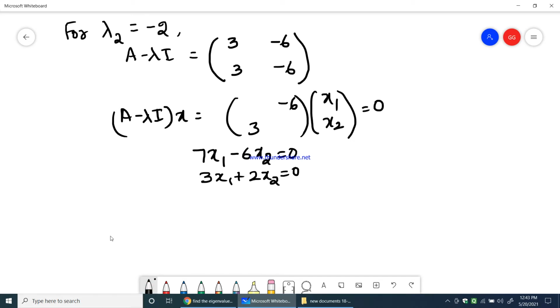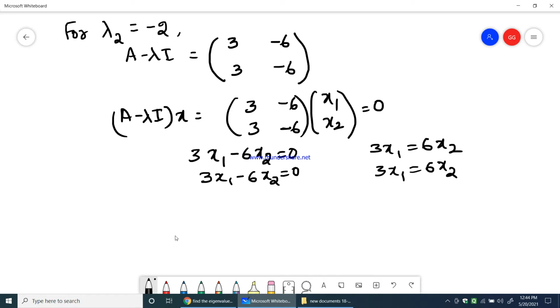So this becomes 3 and this becomes minus 6. So again 3x1 minus 6x2, so 3x1 equals 6x2. Here the second equation also says 3x1 equals 6x2.